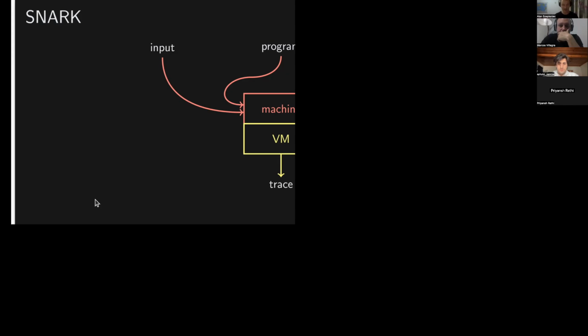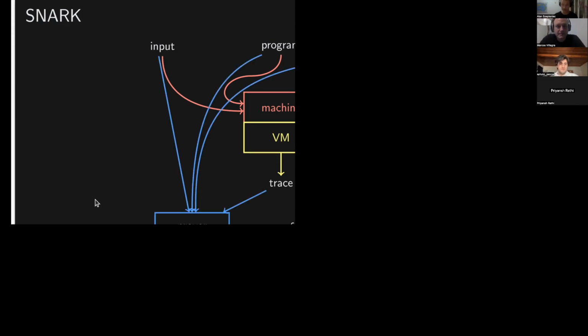And the idea of proof systems in general, and especially proof systems capable of arbitrary logic, is that we separate this picture into two parts, the prover and the verifier. So the prover takes the input, the program, and the output, and in addition to those three, it takes the trace, and it outputs a proof, which is a short string of cryptographic data.